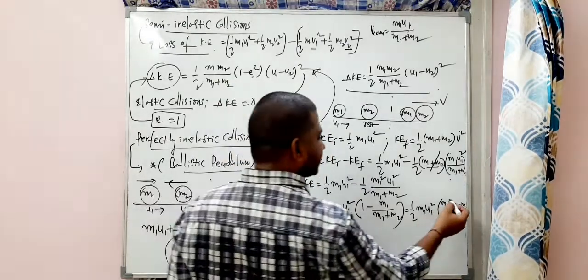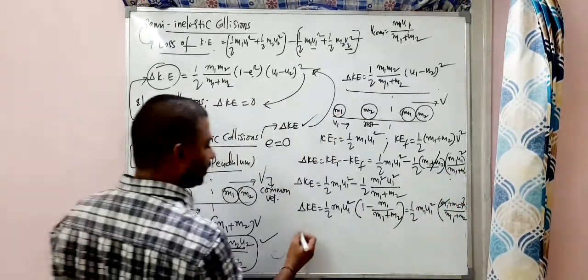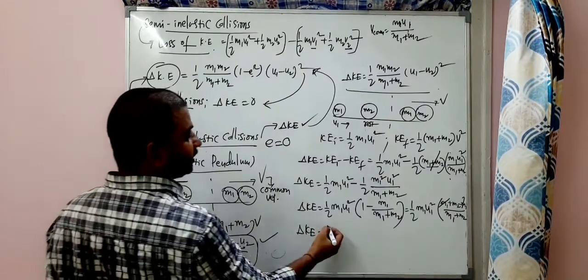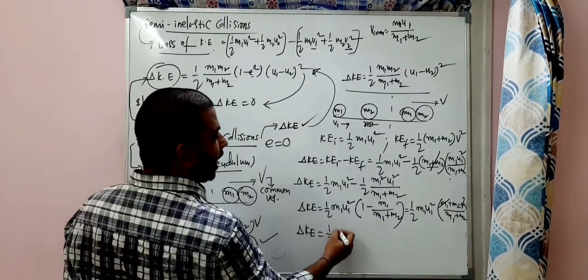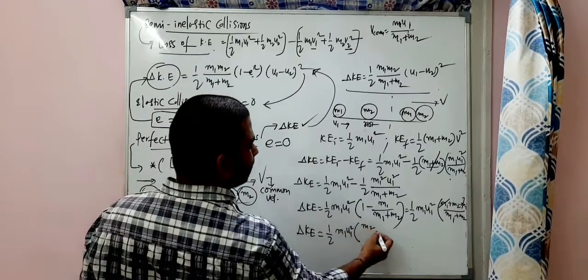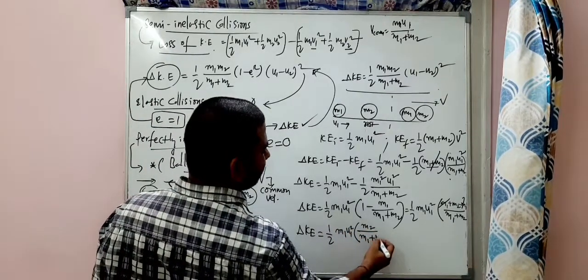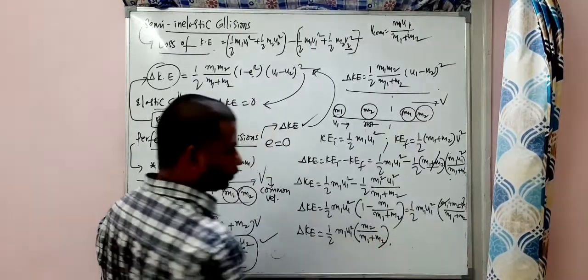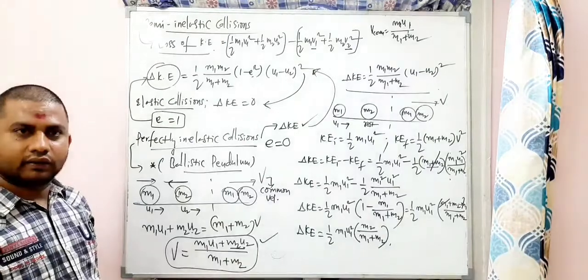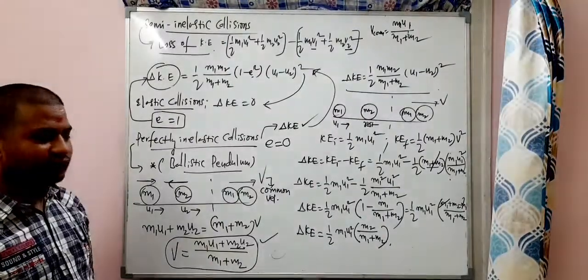So here plus m1 minus m1 cancel. So the change in kinetic energy, the loss of kinetic energy, is half m1 u1 square into m2 by m1 plus m2. Alright, clear? So what is this?